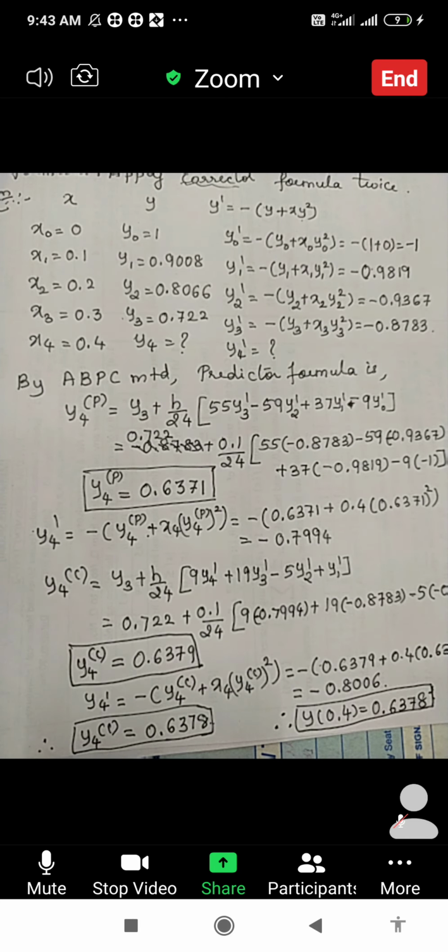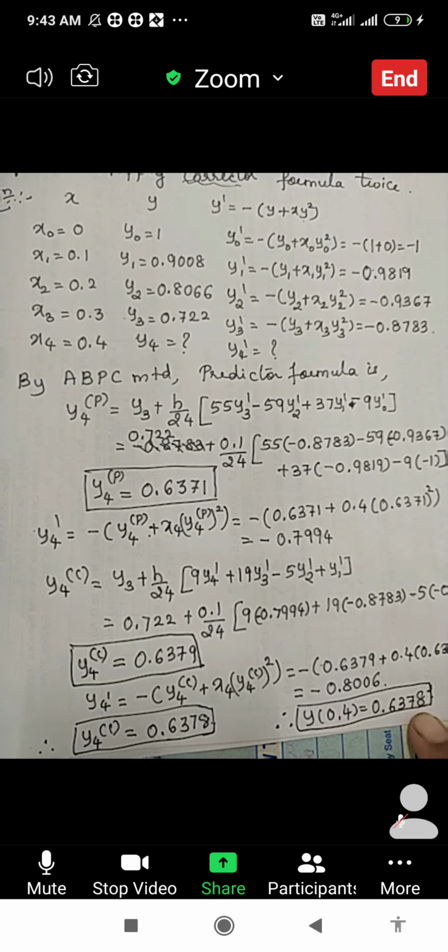If you have got a little difference in the answer, you can write that. No problem.